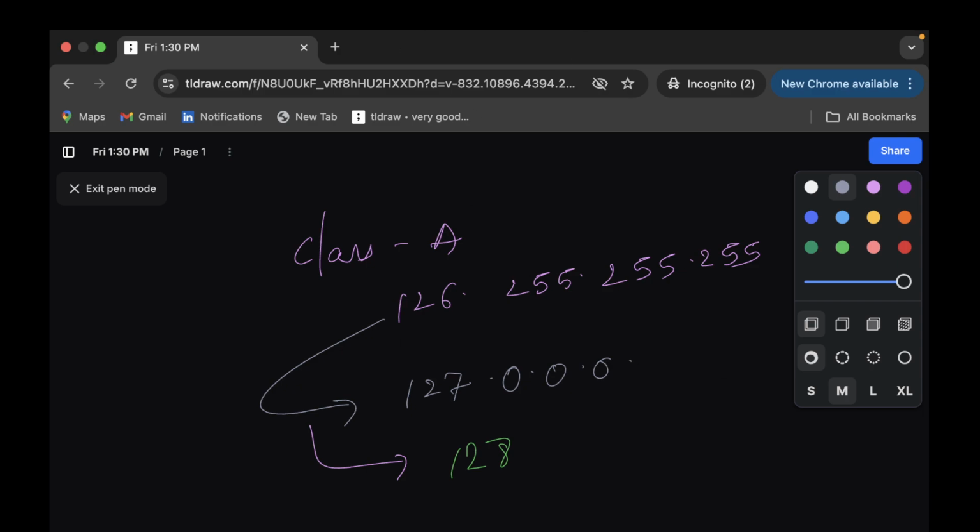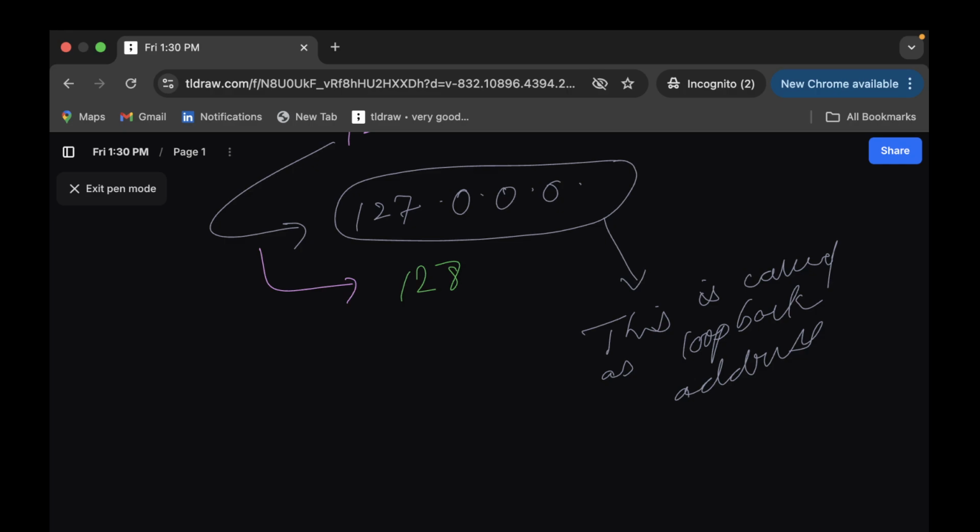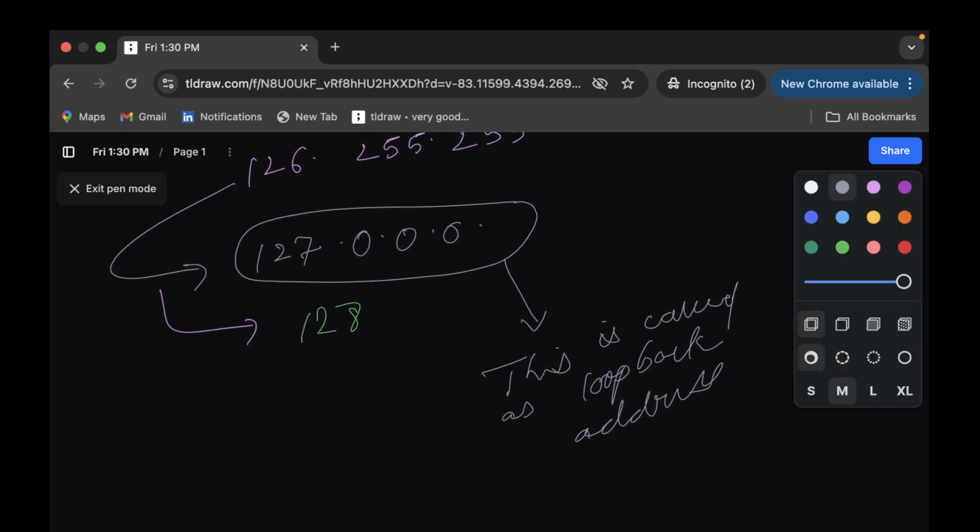Now a loopback address allows a computer to communicate with itself. So whenever the OS sees this address, packets are not going to leave the computer. This is called the loopback address, and the entire range is reserved for it.